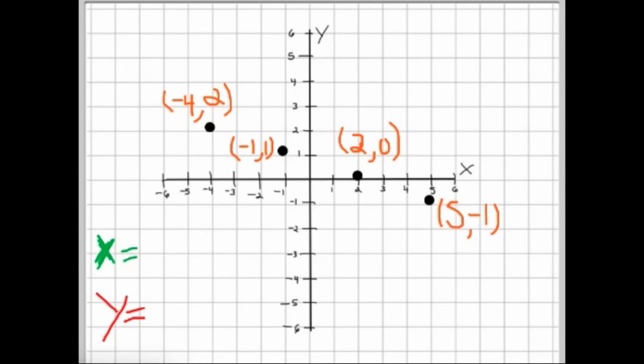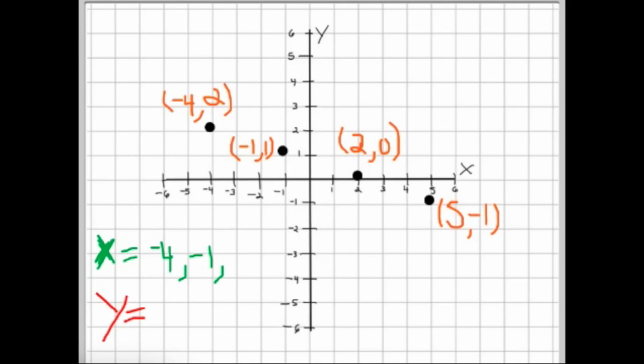Looking at number 1, I've plotted the points just like your book has, and you can see the ordered pair above each of those plotted points, remembering that our domain is our x value and our range is our y value. Let's go ahead and list those out so we can answer number 1. You can see that I put down -4 and -1 are two of the x values.